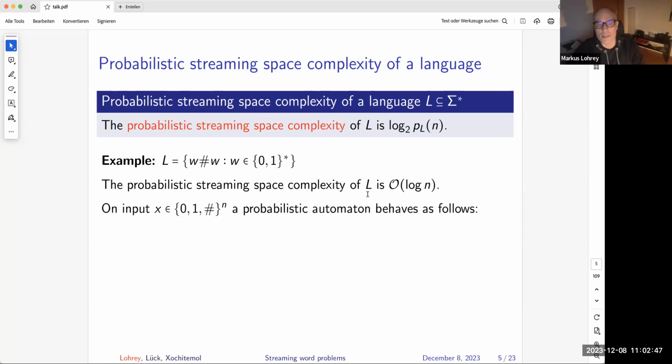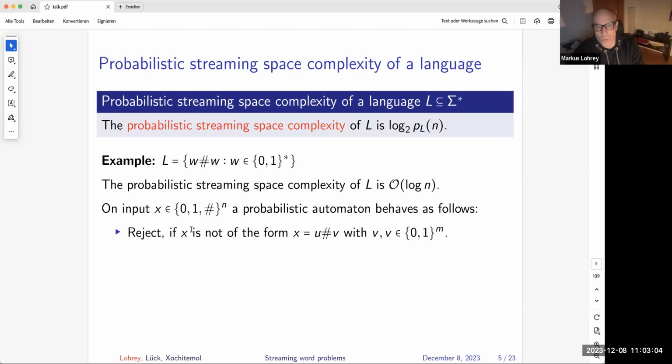So for this, I take an input word, I call it X. Let's take a word of length N over the input alphabet 0, 1, sharp. And a probabilistic automaton now behaves as follows.